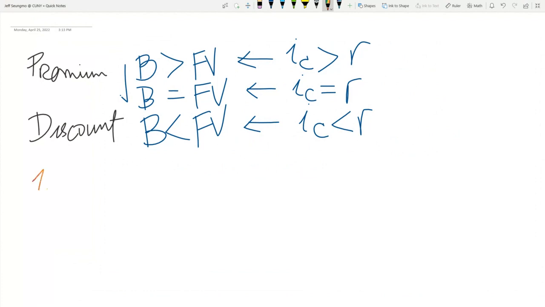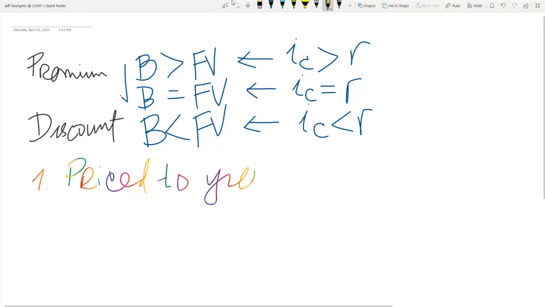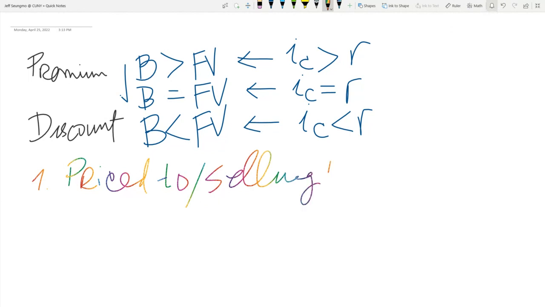One of the ways it is worded: the bond is priced to yield, or selling to yield X%.